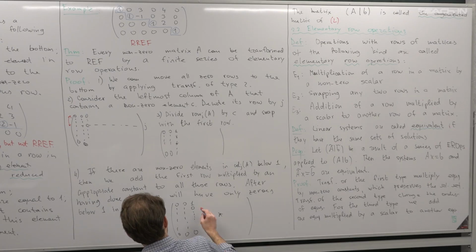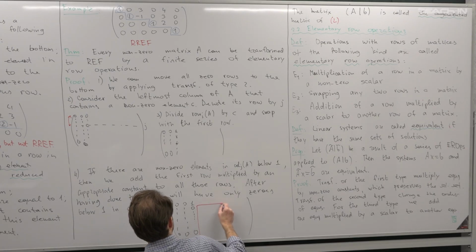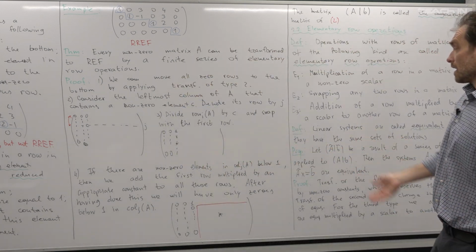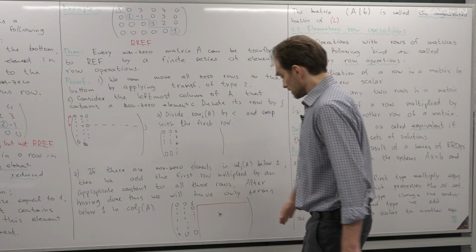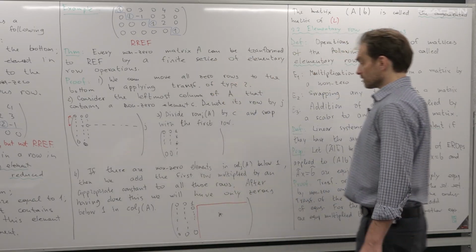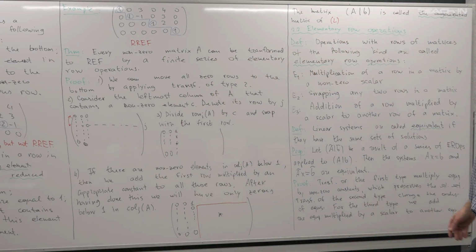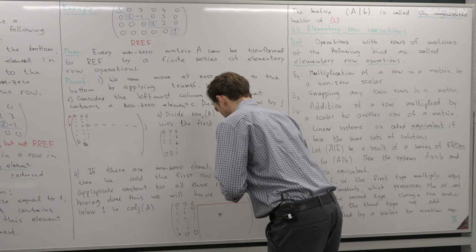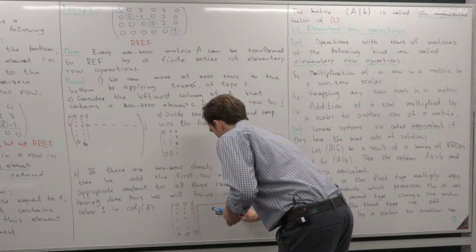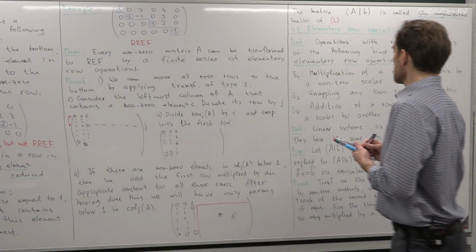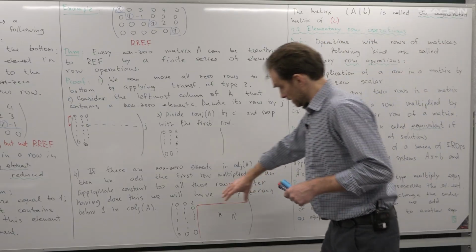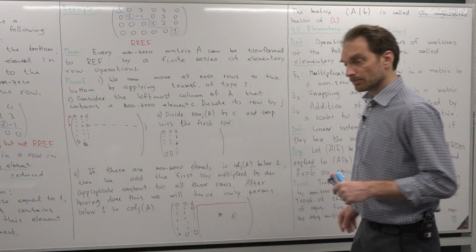And what do we do next? We will consider this submatrix and apply the same arguments to this submatrix. By doing this, we will move to the right, and finally we will arrive at row echelon form of our matrix. I will denote this submatrix A prime, and we will apply this procedure to A prime.